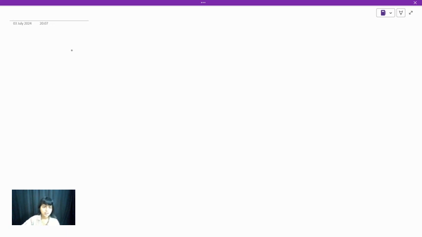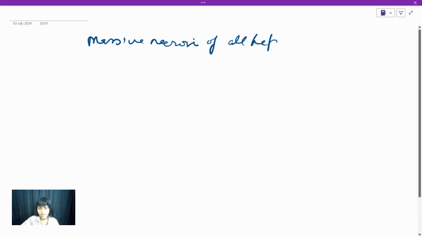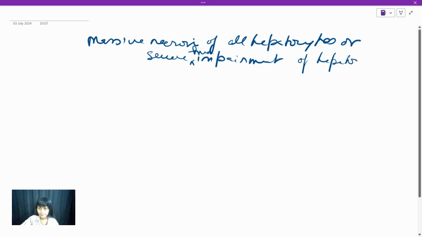Well, so let's get started with the definition of acute liver failure. And before that, I'd just like to say what it is, students. As the name suggests, acute liver failure or the fulminant hepatic failure occurs due to massive necrosis of all the hepatocytes, or it results from severe functional impairment of the hepatocytes, right?